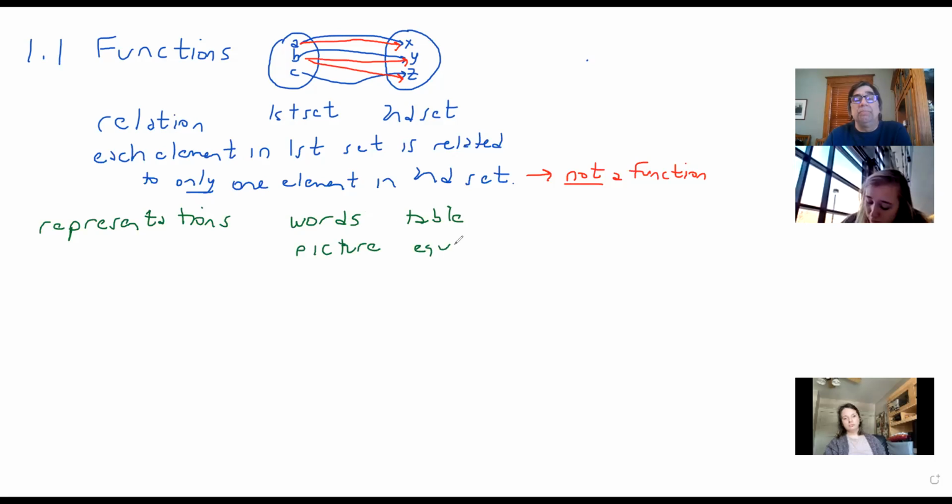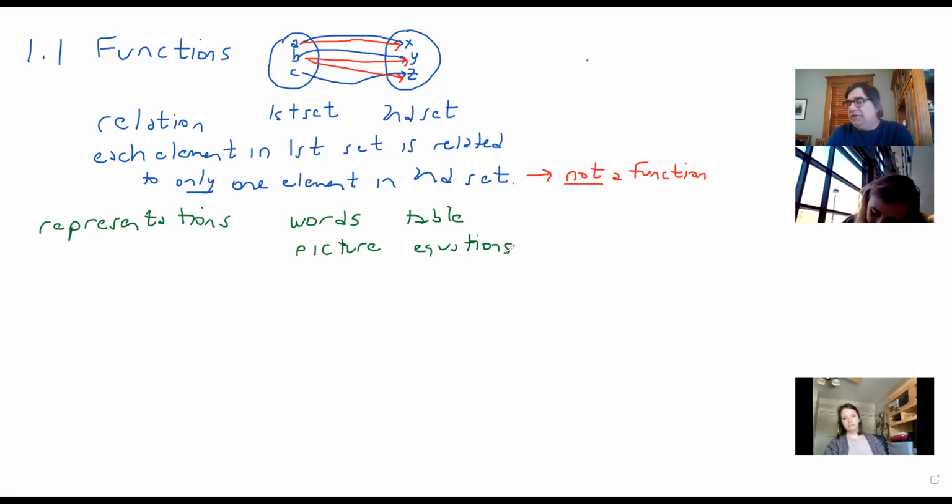Or you could be looking at an equation. And one thing our book does a very good job of is it gives you examples from each of these types. There are some numerical problems. There are some functions that are described in words. There are some functions where you're looking at a picture. This is an example of a picture here. Or equations. We want to make sure the notation is consistent. We talked about the first set and the second set.